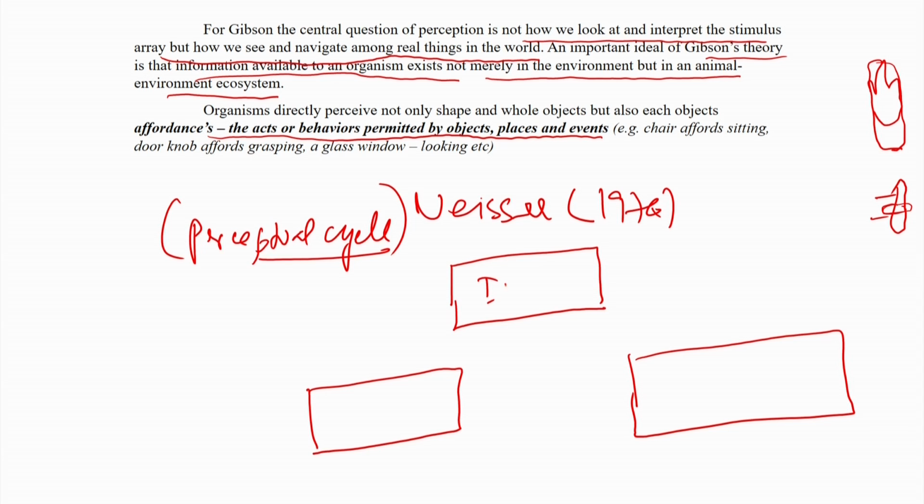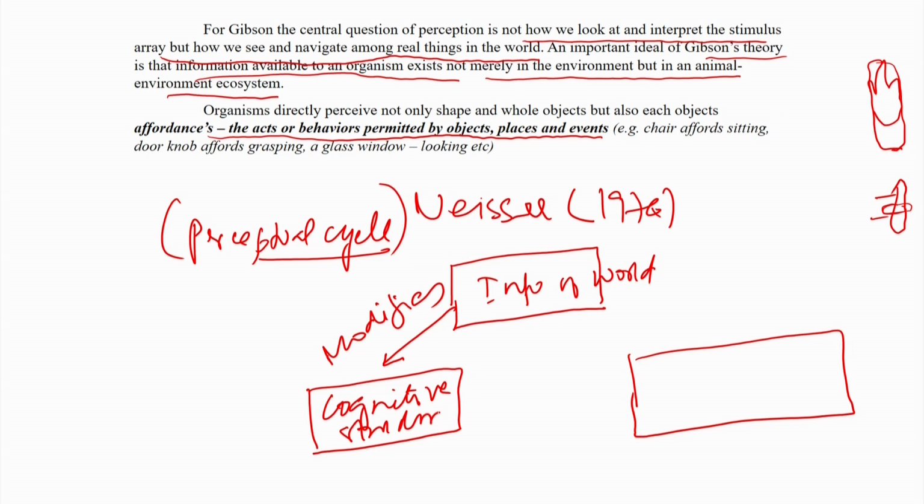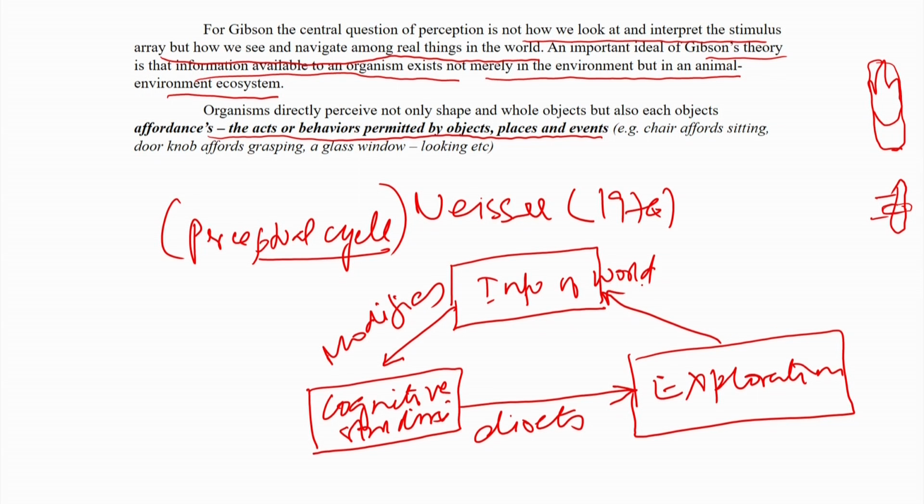For example, the information of the world is here, and this is modified by cognitive structures through perception, that forwards or directs exploration in a certain way, and this will further suggest what should be taken or sampled from the environment. So, what does this theory really say?